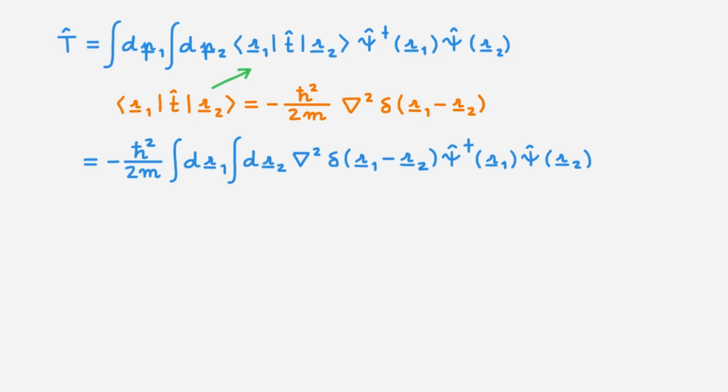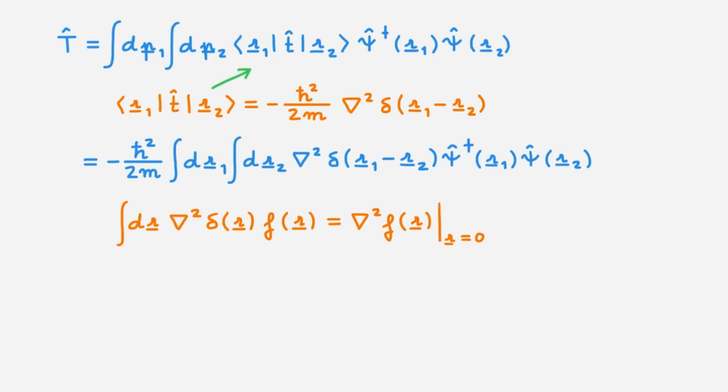We now need another general relationship involving the Dirac delta function. Specifically, the integral over R of the Laplacian of a Dirac delta function times an arbitrary function f is equal to the Laplacian of the function f evaluated at the point at which the argument of the Dirac delta function vanishes.